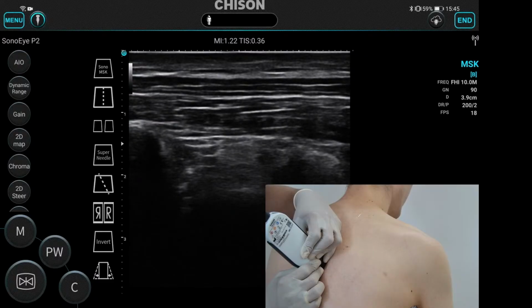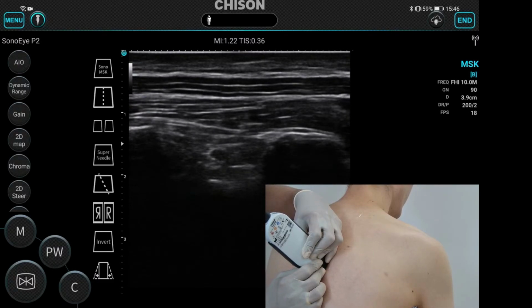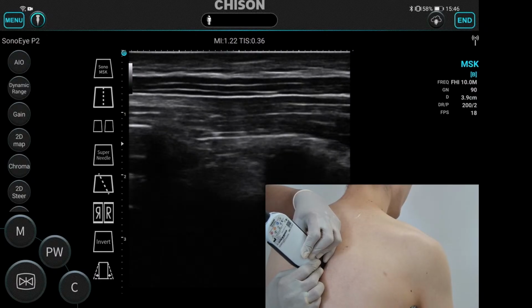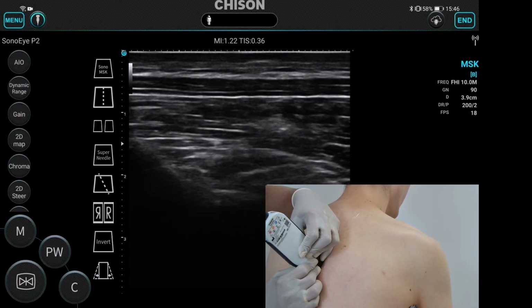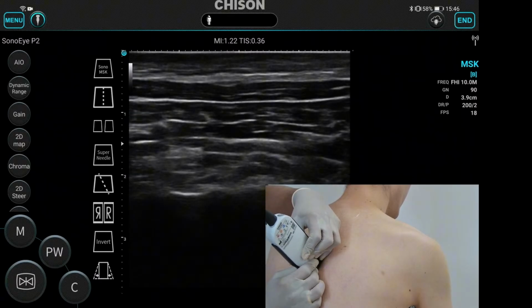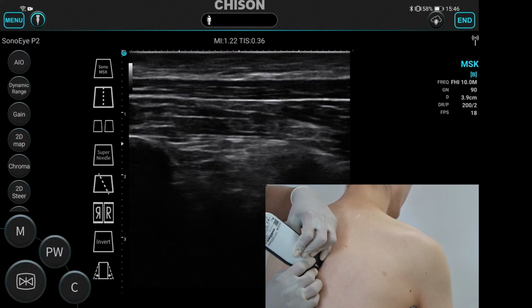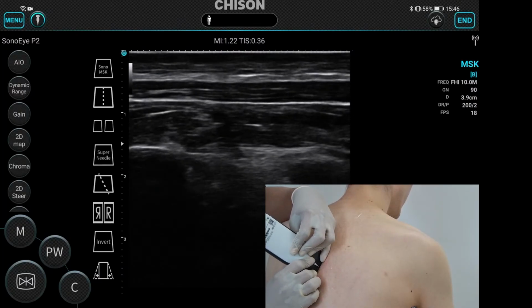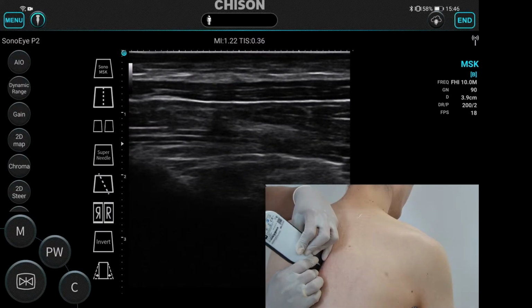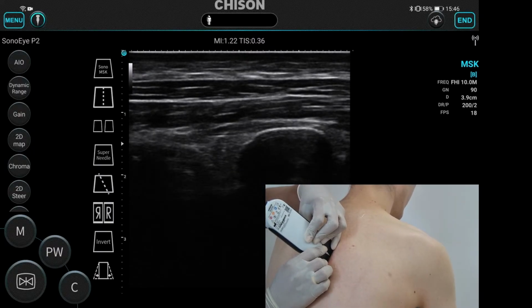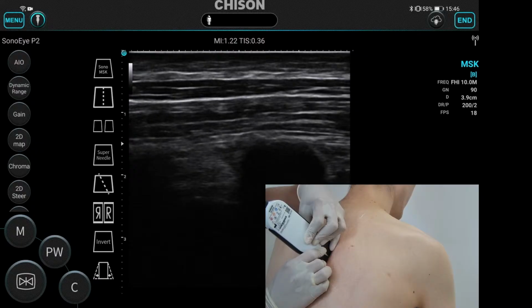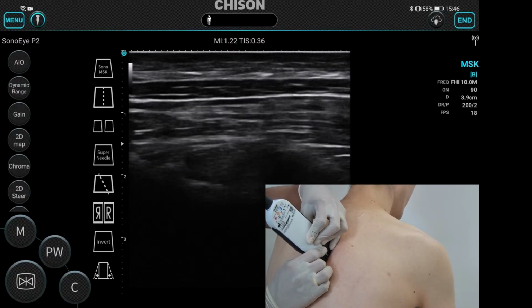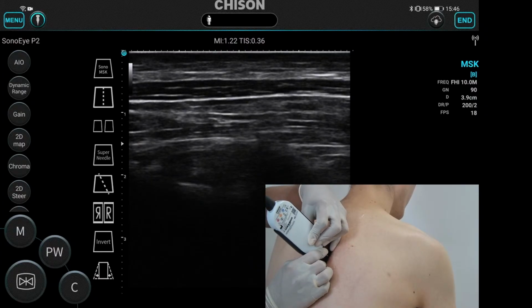If I go back, it goes away, and then again we have only two muscles here, the trapezius and rhomboid, and now again we have this. So we can see clearly the transverse process, and we can see the erector spinae muscle.